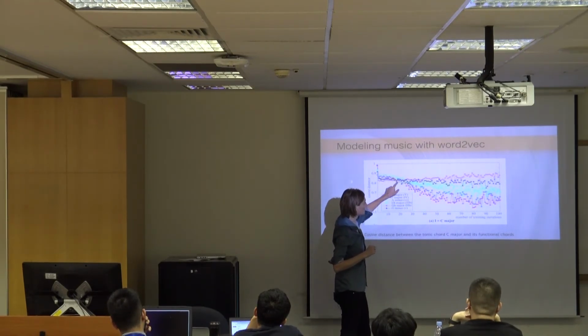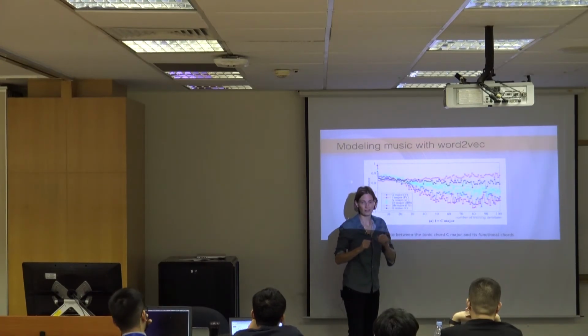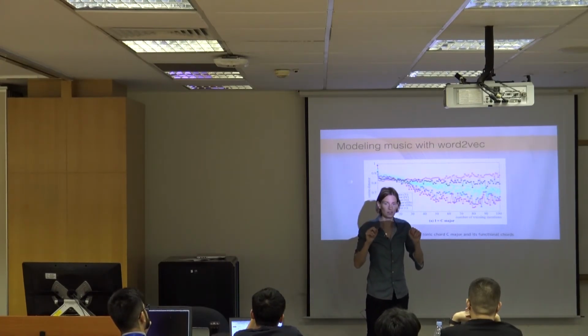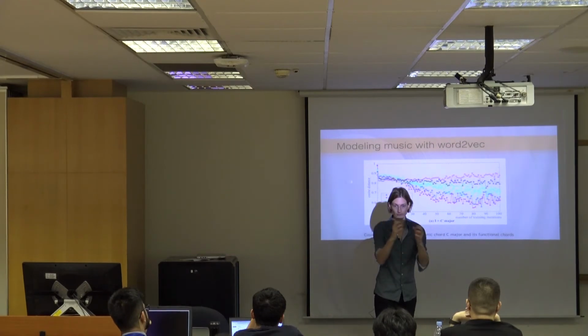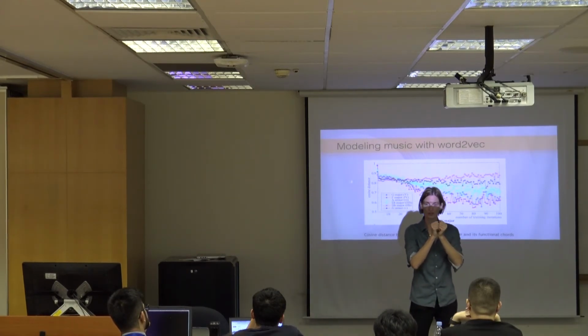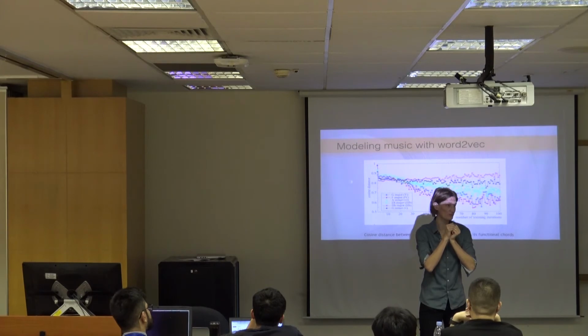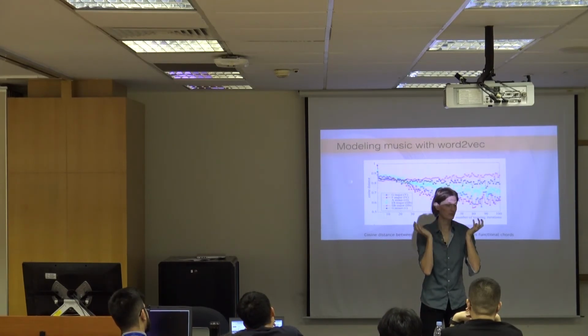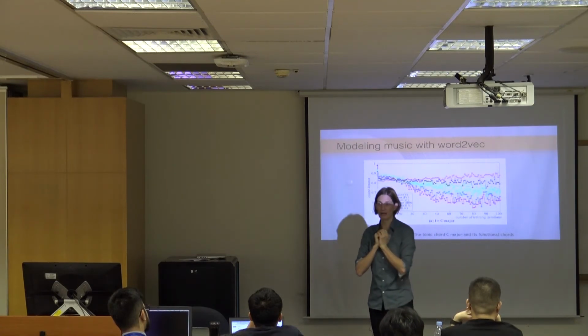We saw that the chords that belonged to the key in a musical sense were much closer to each other. Okay, so that's very interesting. It means that without even telling them what chords it were, the model is still able to capture it.